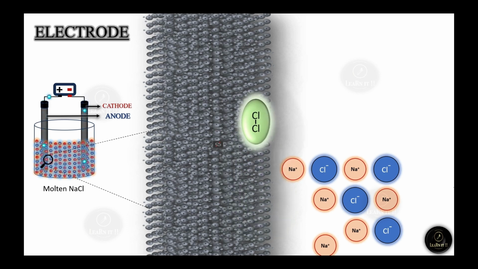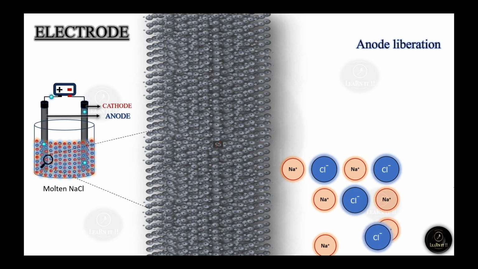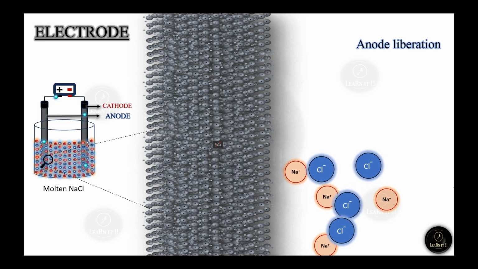So this chlorine molecule, it is in a gaseous form, it is liberated at the anode, hence it is called as anode liberation. So it further pushes sodium cations away and attracts Cl minus. In turn, chlorine gas is liberated.